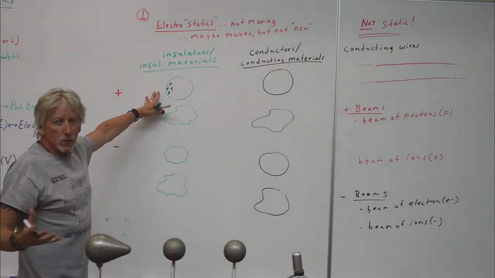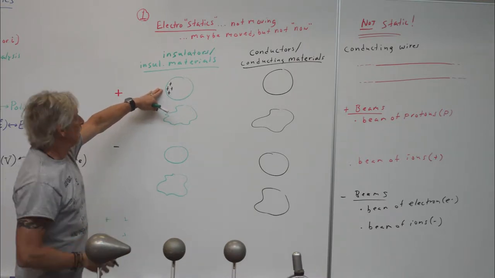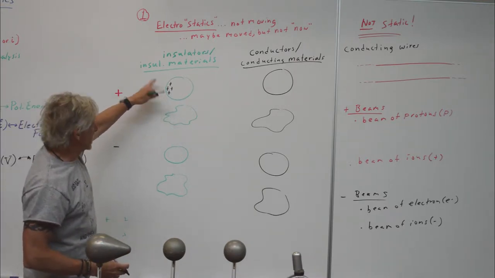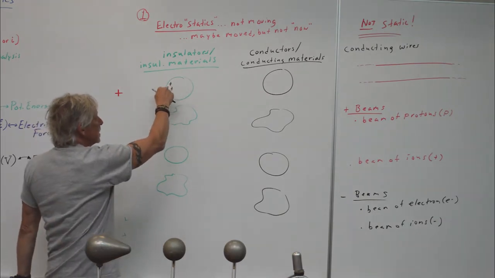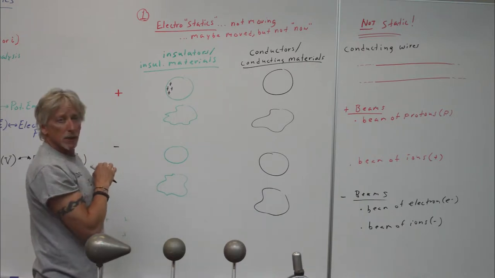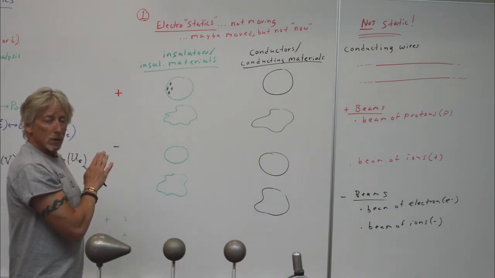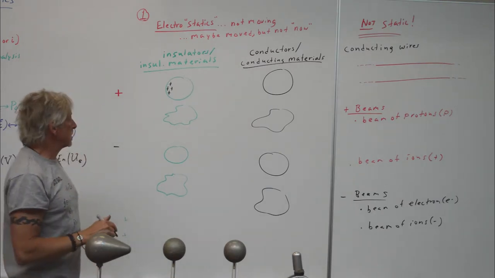Charges don't exist as things; it's a lack of electrons that I've taken here. With an insulating material, that region of a net positive charge will stay right there. So electrons are not free to move in an insulating material.